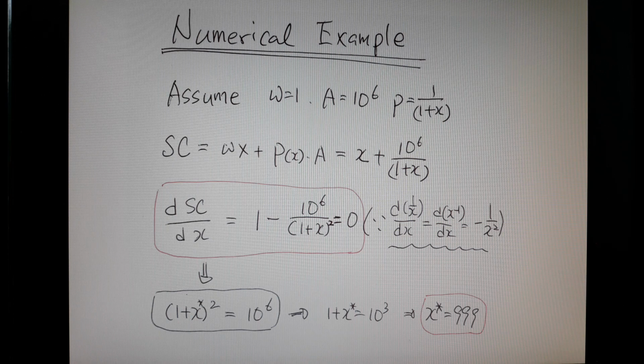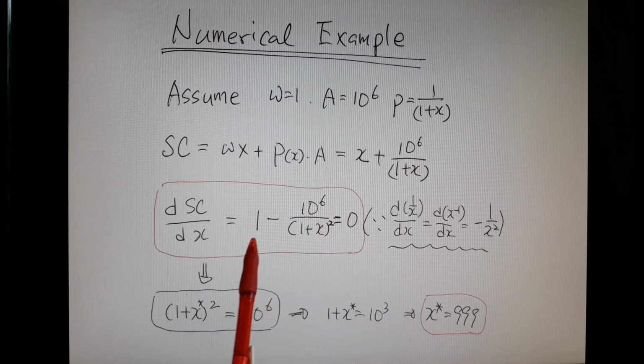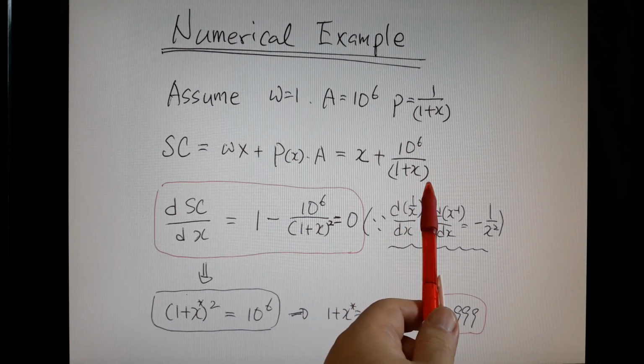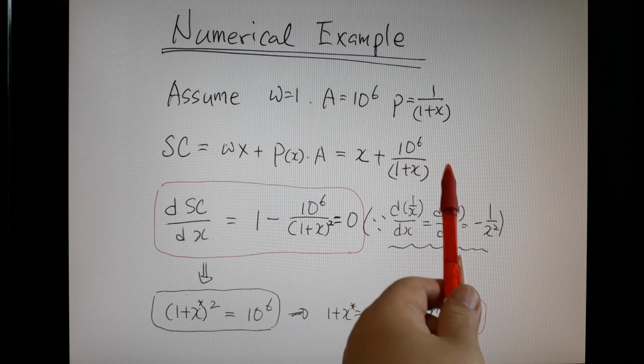Where can we find the minimization point of social cost? If we differentiate social cost by x, the second part, 1 over 1 plus x, is like powered by negative 1.